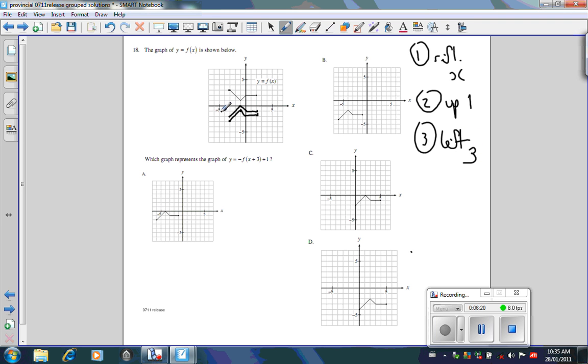When I do that, this point is going to move over 3, and this point is going to move over 3. At this point it becomes very confusing, but it's in there somewhere. And my goal here is to choose between B, C, D, or in this case A is my correct answer. And that's about it.